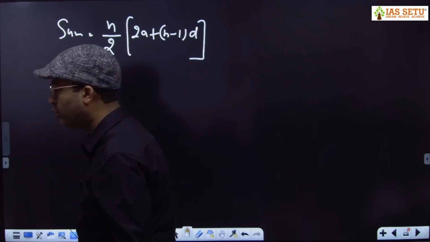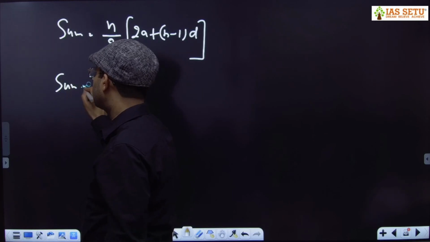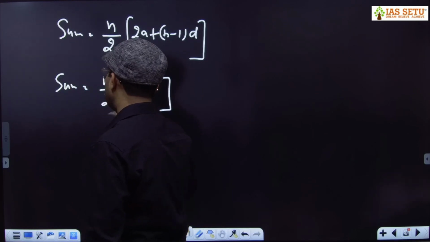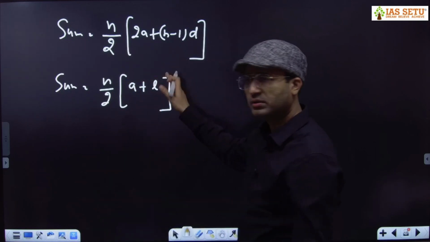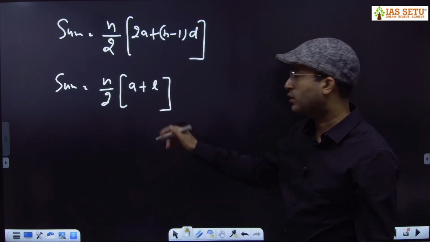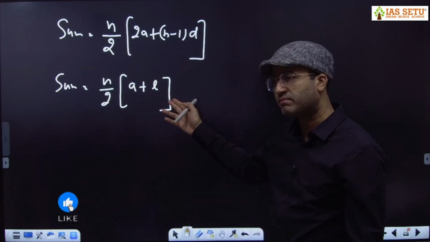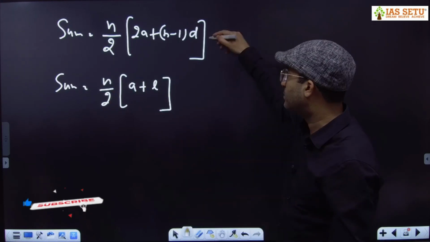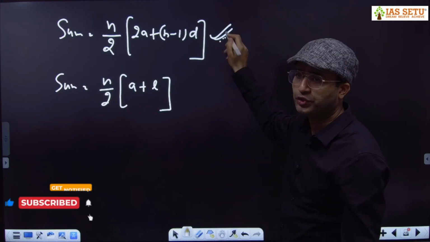But there is one more formula: n by 2 (first term plus last term). Both are the same, no difference, because the last term is a plus (n minus 1) into d, which got added in. Now let us practice 3-4 questions based on this formula.